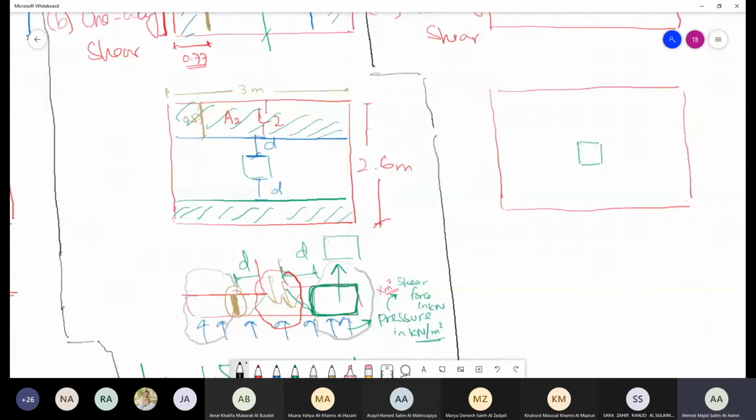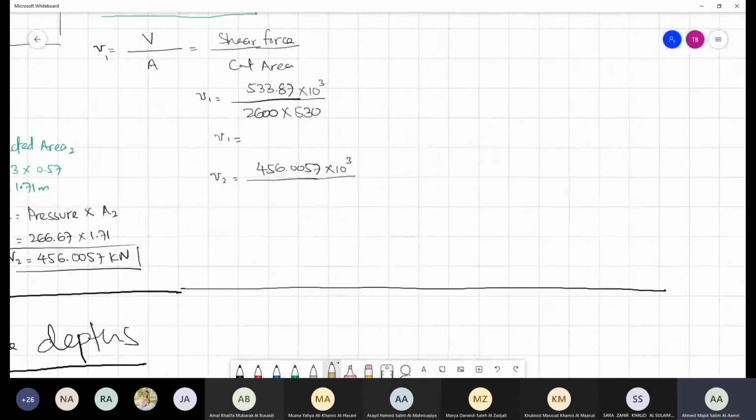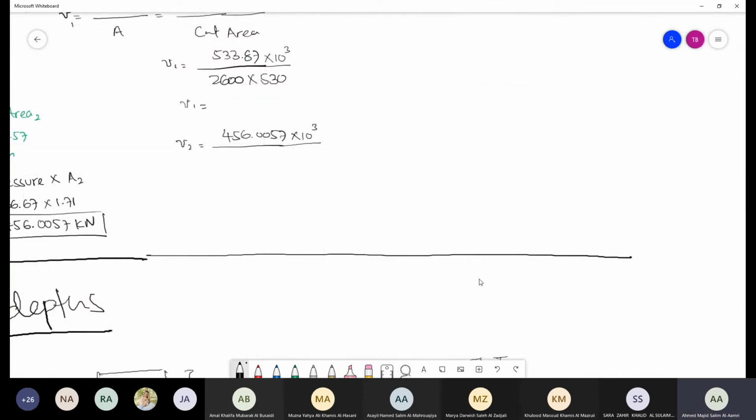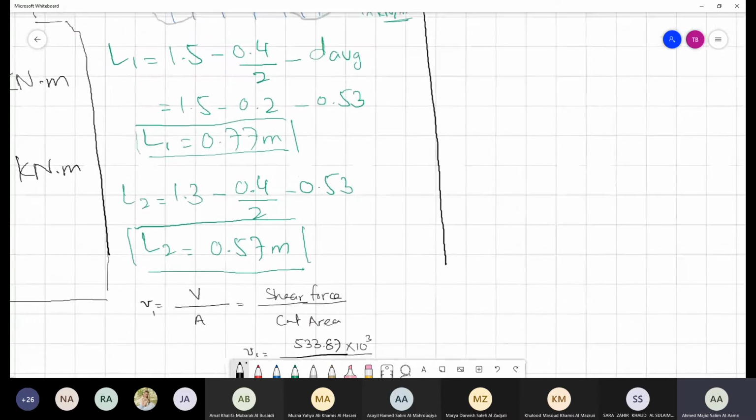Now for the second shape, in order for me to take area 2 out, I need to cut for this particular length. And this particular length is going to go as 3. So the first dimension to be taken into account is 3000. Second dimension to be taken into account is the depth.